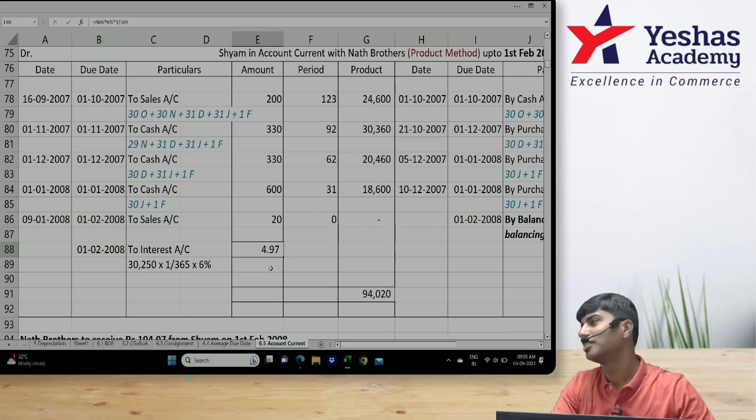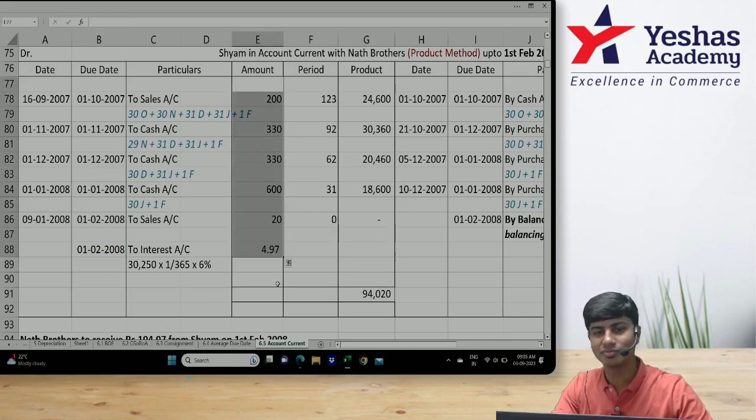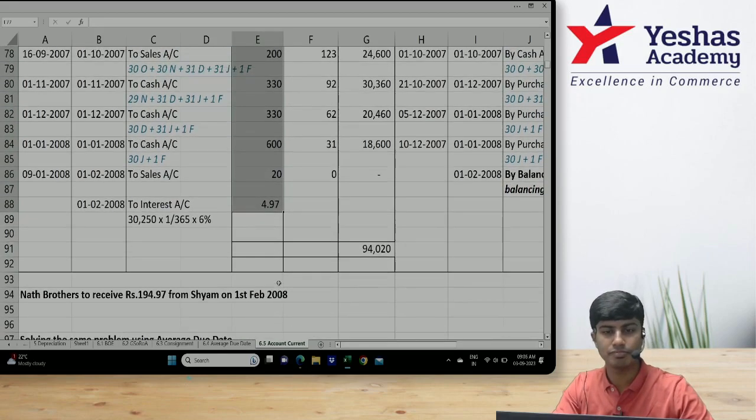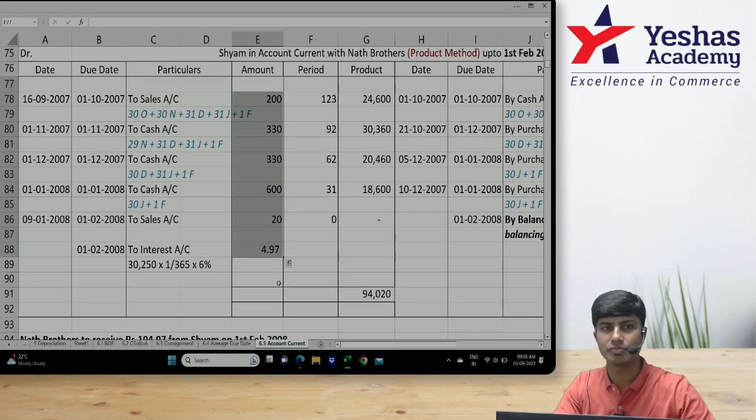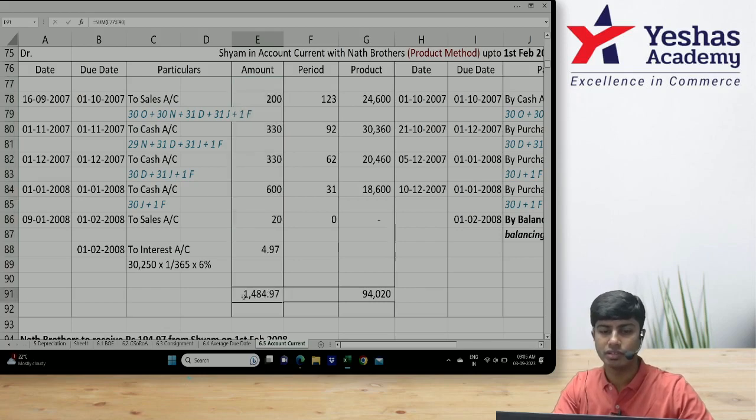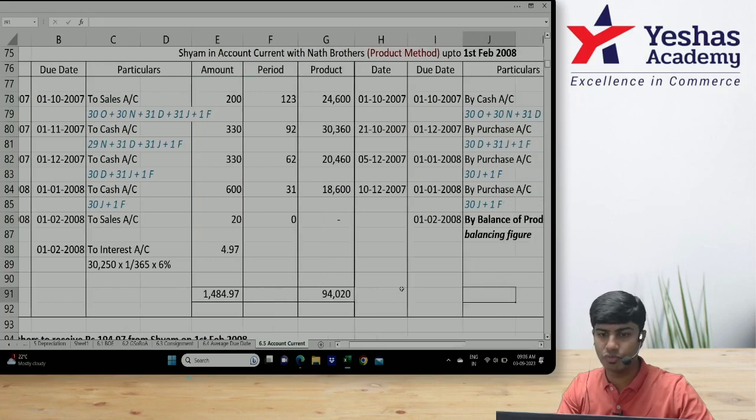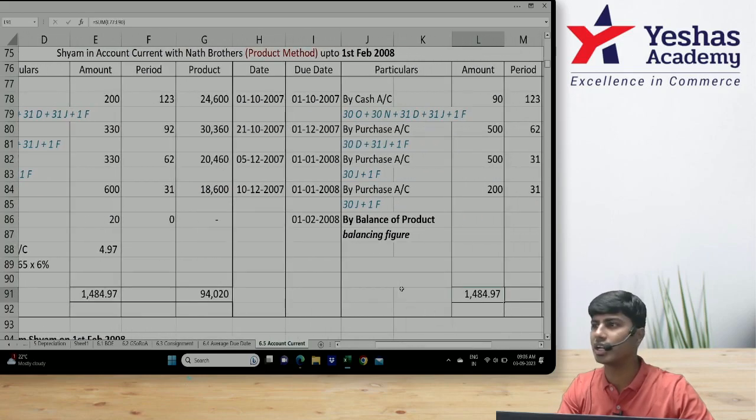4.97. Same. Now find the total here. 200 plus 330 plus 330 plus 600 plus 20. 1484.97. I'll write 1484.97 on the credit side.